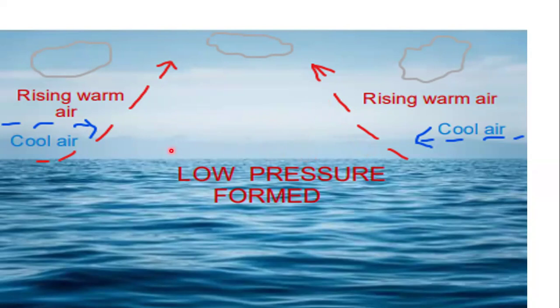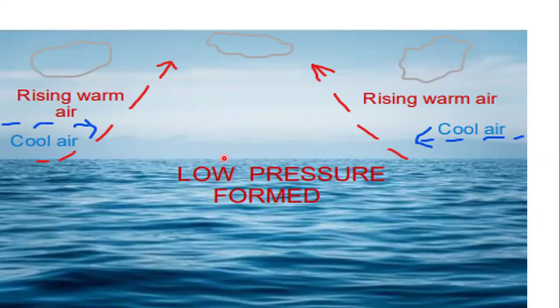Cool air comes to fill the area. It also becomes warm when it touches the hot surface, thus creating a low pressure area, creating a vacuum here. As the warm air reaches high, cloud formation occurs and disturbances occur, due to which heavy rainfall takes place. Winds blow with great force, with great velocity.